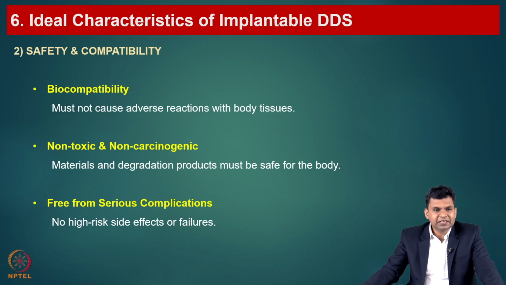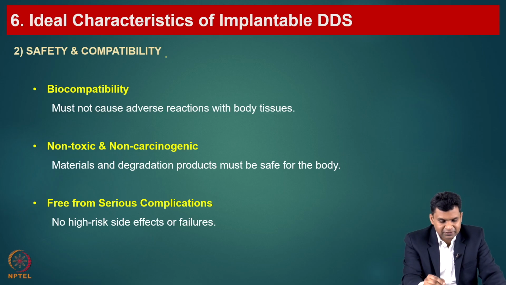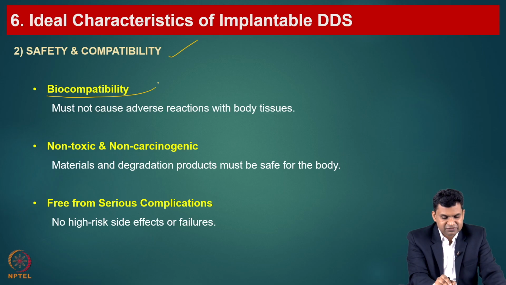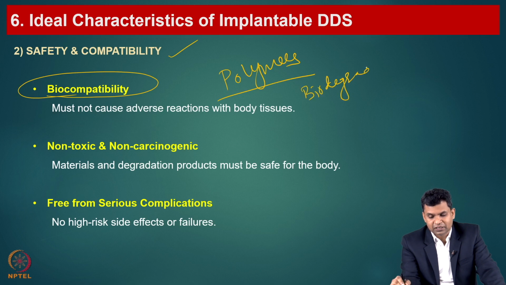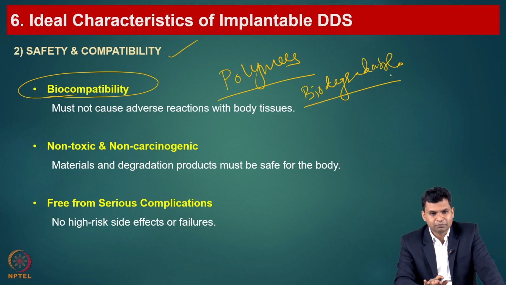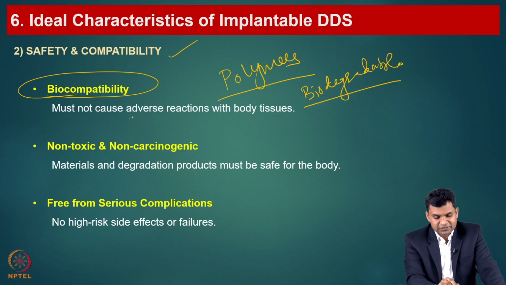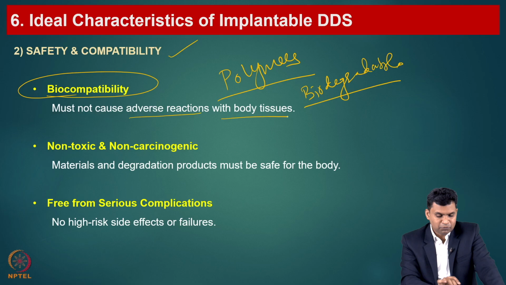Coming to the second point, that is safety and compatibility, and compatibility is very important because we are going to use various polymers, so we need to select biodegradable as well as biocompatible polymers. They should be compatible with the body and must not cause any adverse reaction within the body tissues, and the material should be non-toxic and non-carcinogenic.